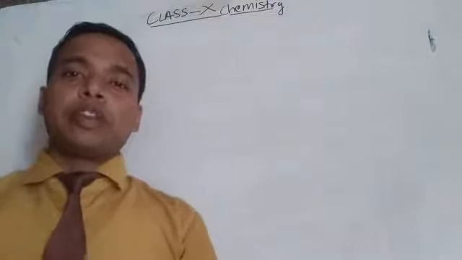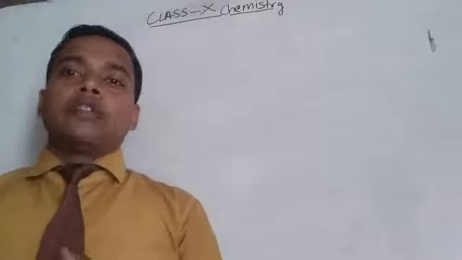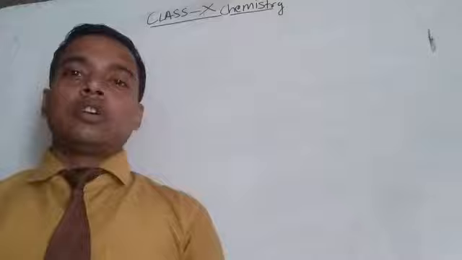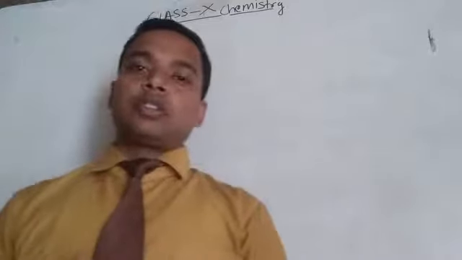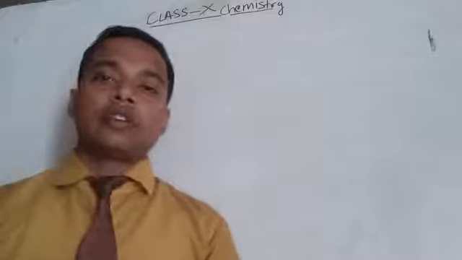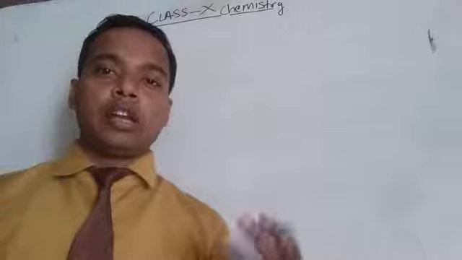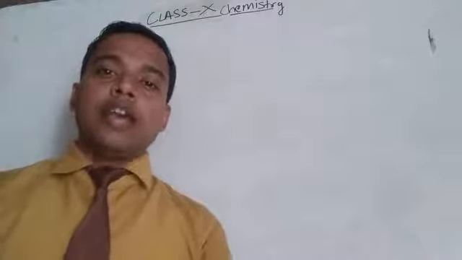Only one metal reacts with base, which is zinc, with the formation of sodium zincate, and no other metal reacts with base. And what will happen when metal carbonate and metal hydrogen carbonate react with acid.